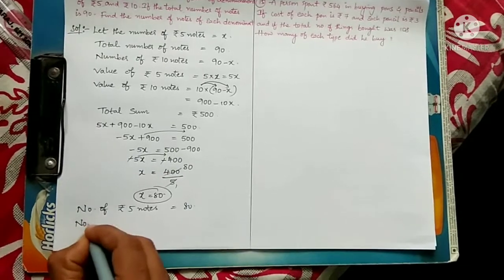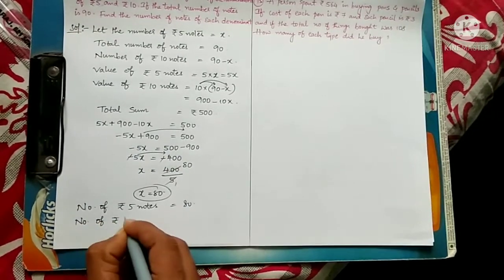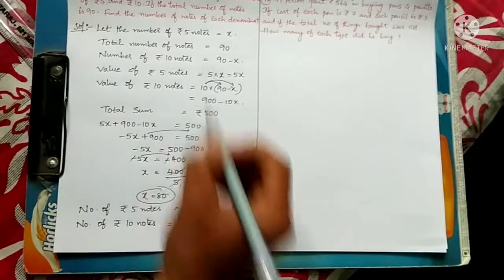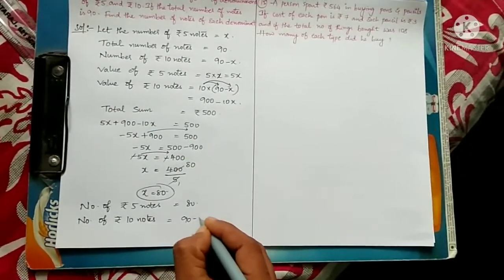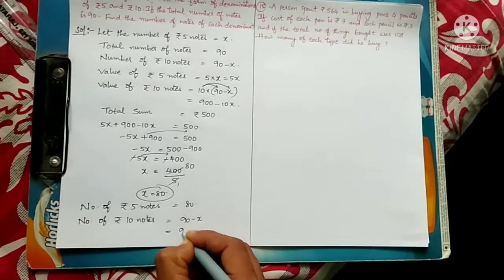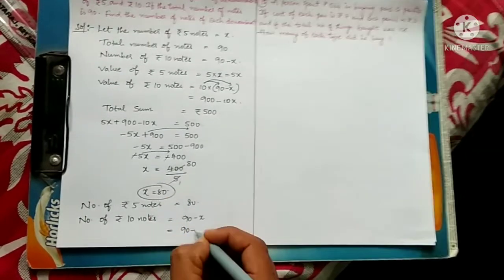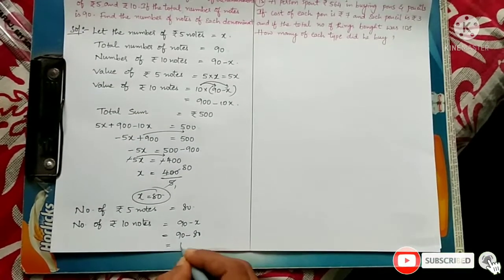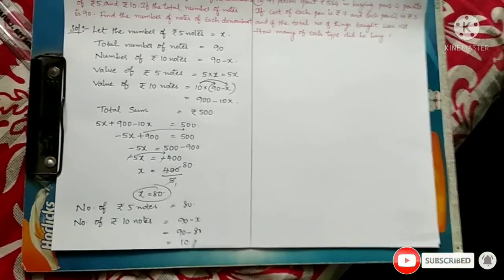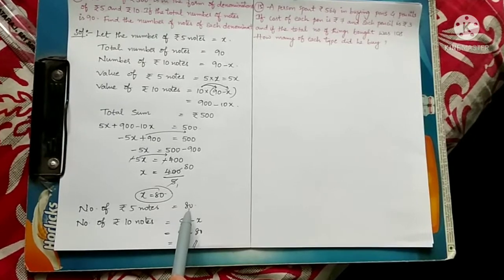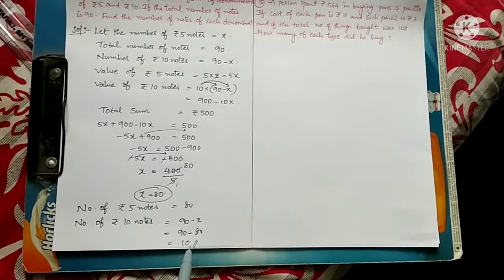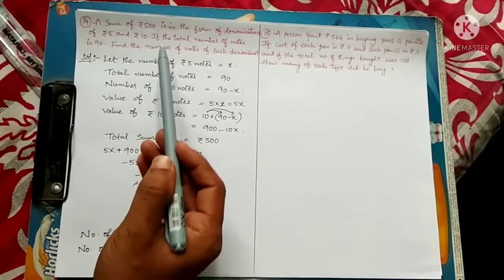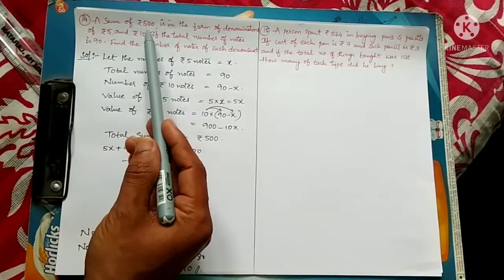Now we can find the number of rupees 10 notes, which is 90 minus x. The value of x is 80, so 90 minus 80 implies 10. The number of 5 rupees notes I have is 80 and the number of 10 rupees notes is 10. If you multiply and add these, we get the total sum of the money, rupees 500.